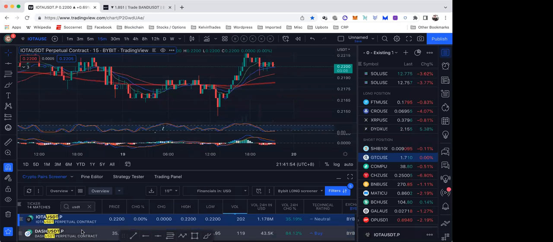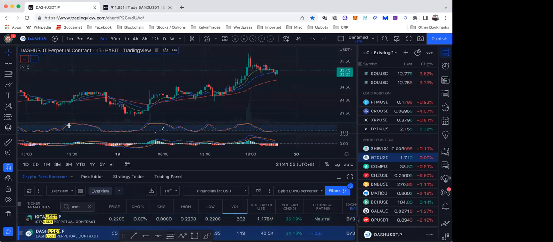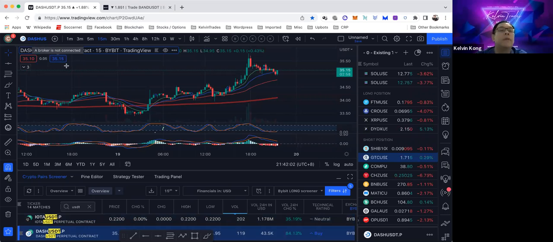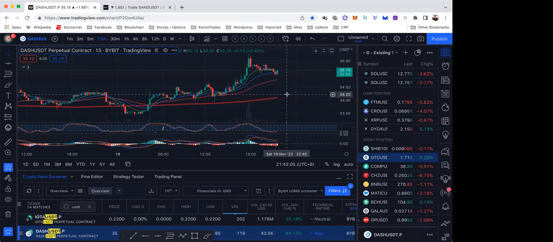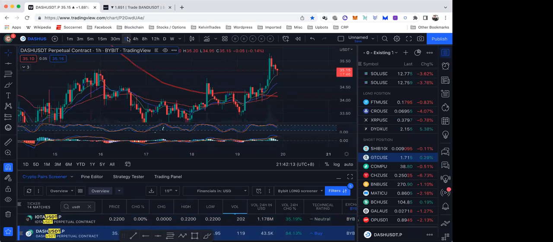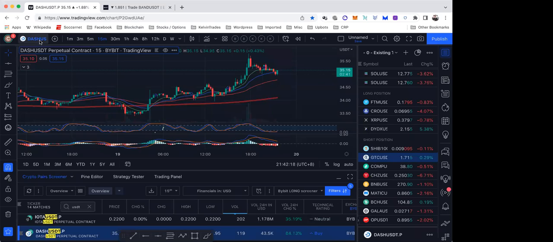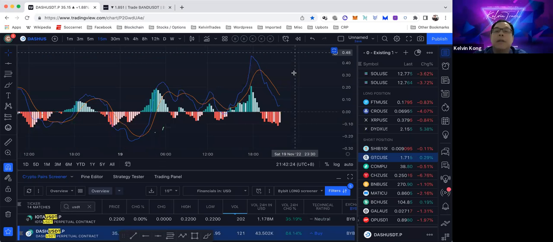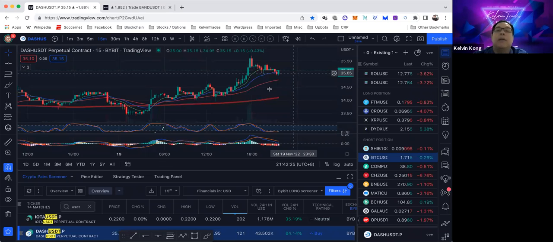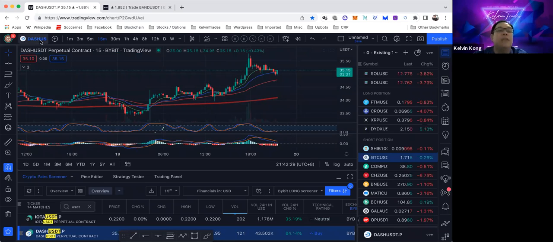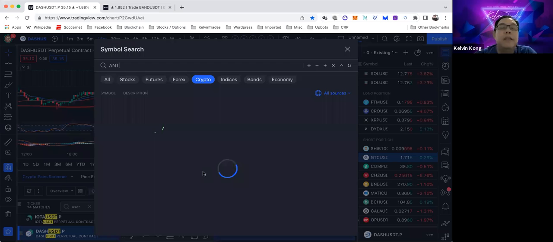How about ANT USDT? Yeah, ANT. Okay, guys, keep track of DASH. Enter.